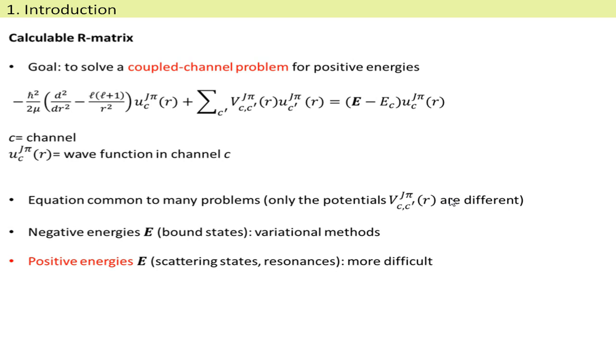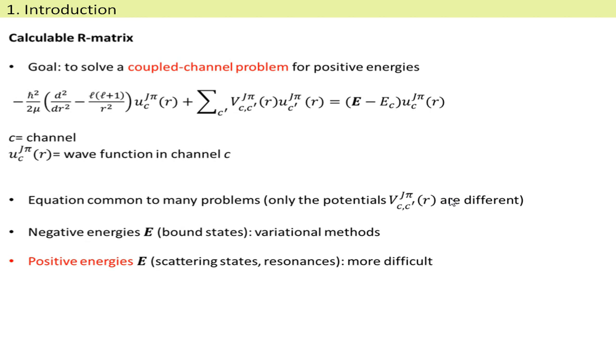So if you are interested in bound states, and bound states mean that the energy of the system here is lower than all threshold energies, so it cannot break up, then you can use variational methods. So these are very well known in physics.